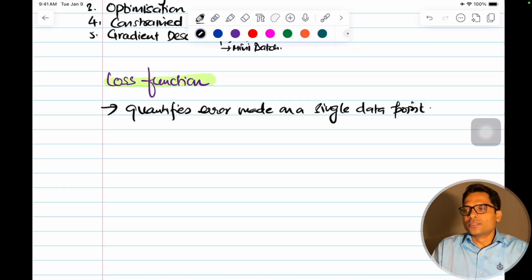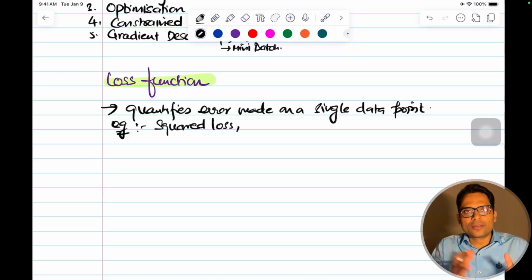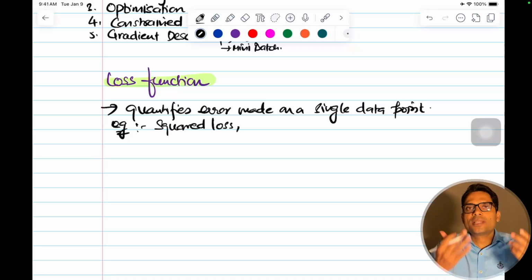For example, in regression, what kind of losses do we have? We have squared loss. Loss is the difference between what the prediction should be, and what the model has made. We can square that so that the mistake is even amplified. Okay, we can have squared loss.